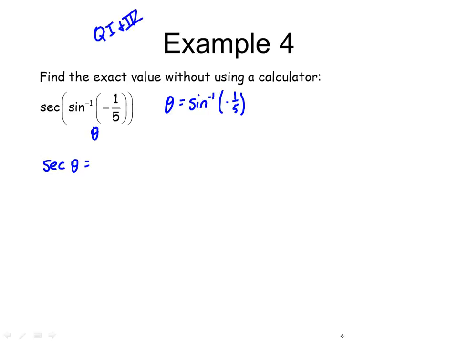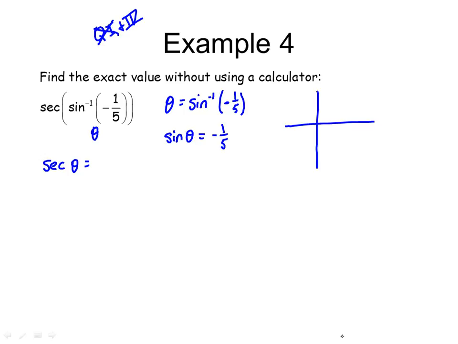But it's negative, so what quadrant do we have to be in? 4. Since it's negative, we have to be in quadrant 4. So sine of theta is negative 1/5.